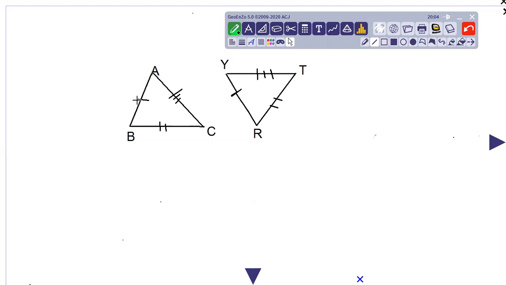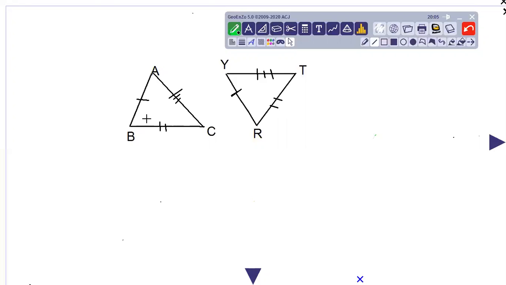But since it is given that all the 3 sides are correspondingly equal to the sides of the other triangle, this side of the first triangle is correspondingly equal to this side of the second triangle. Similarly, this is correspondingly equal to this side. This side is correspondingly equal to this side.